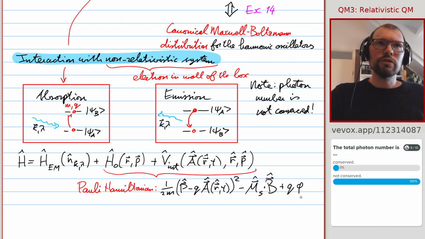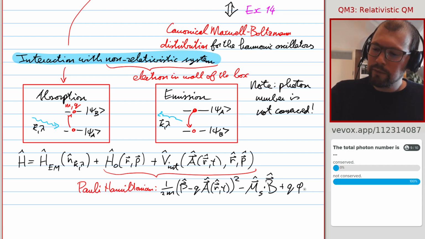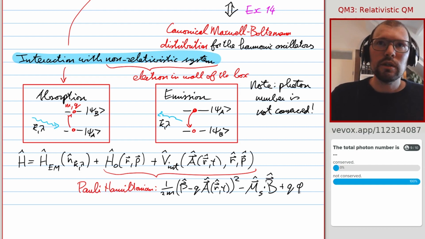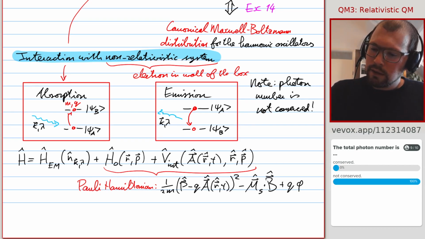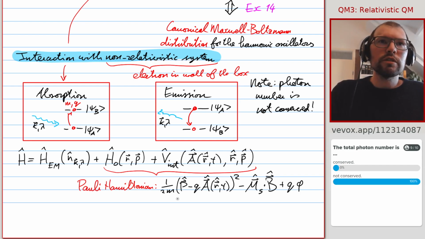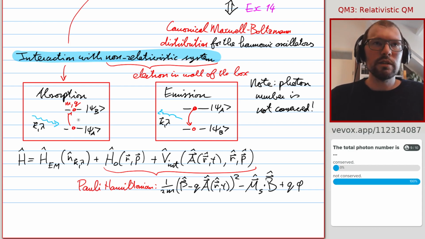And in principle, there is also the scalar potential, the Coulomb potential interaction. So after the break, we'll see how to extract the most relevant term from this potential that causes the interaction between the photons and the electron and causes the absorption and emission.